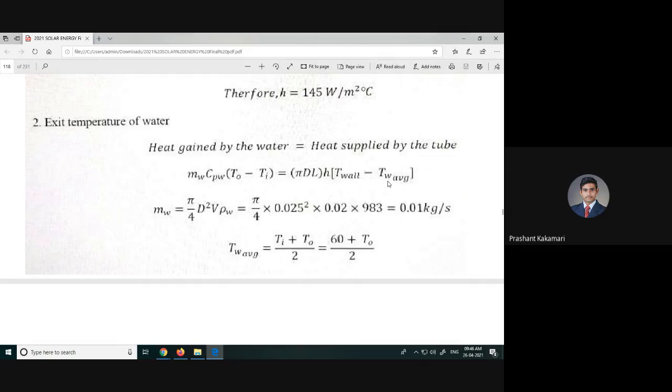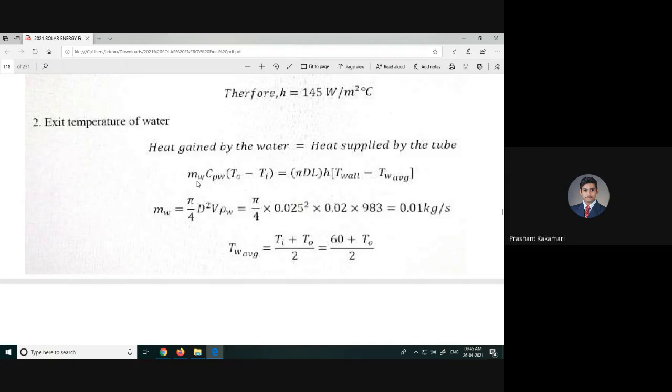I have to take the inside temperature in the tube. What is the average? Or sorry, not wall, it is water. So for the water average temperature, I have to consider the average of inlet and outlet temperature.